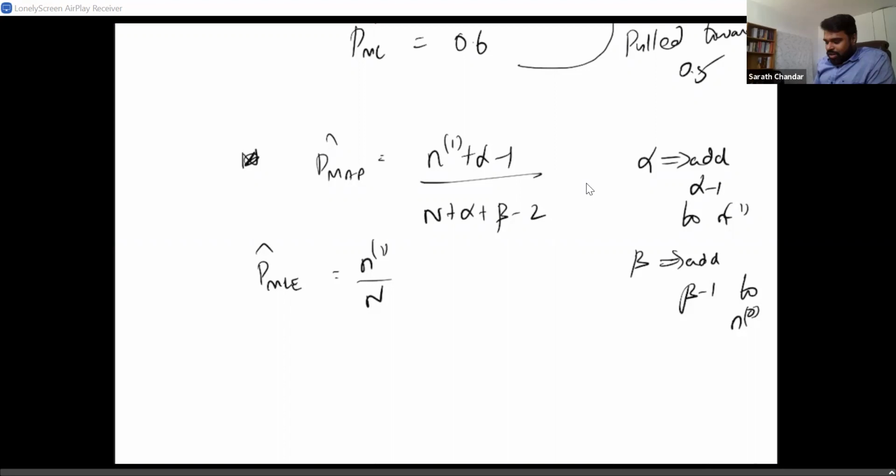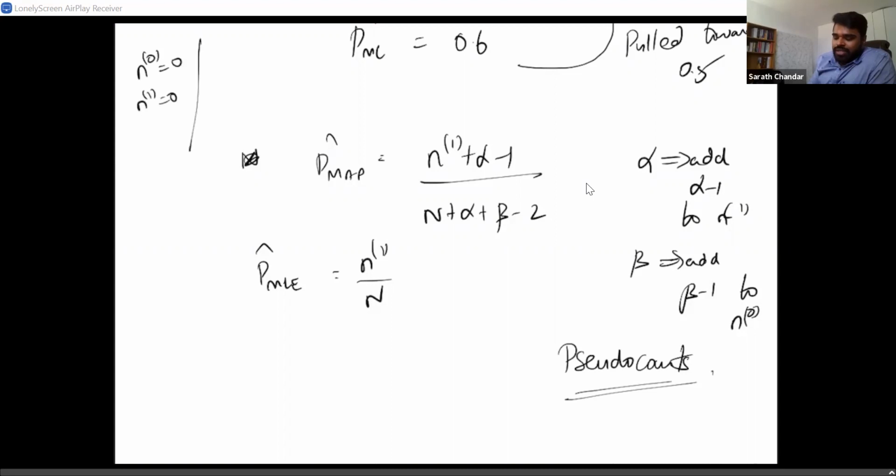So we are going to call this alpha and beta some sort of pseudo counts. These are my counts even before the experiment started. So instead of starting with n0 equal to 0 and n1 equal to 0, I actually started with n0 equal to 4 and n1 equal to 4.